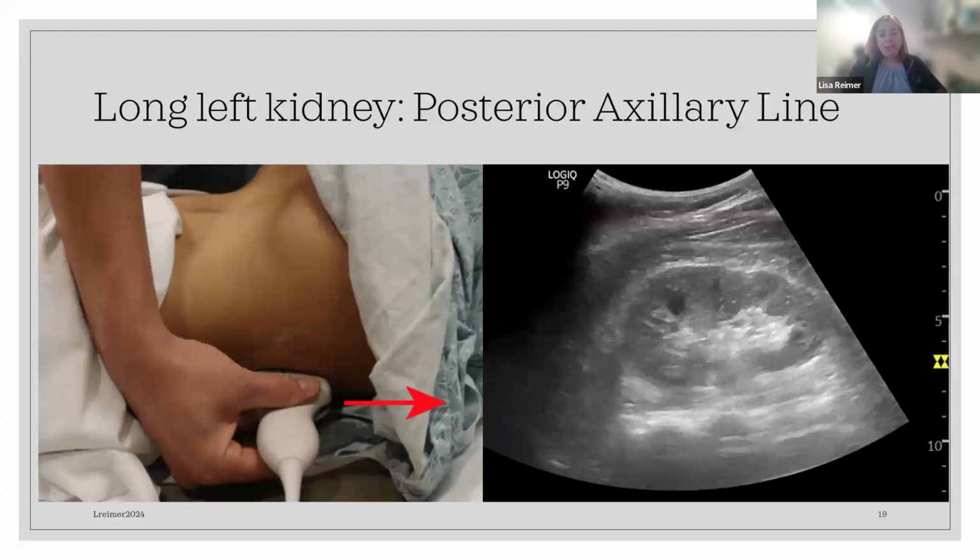Left kidney. So again, we cannot do an anterior approach. We have to come from the side. The kidney on the left side is going to be slightly higher in the body. So we're going to be around the 8th to 9th rib intercostal space. And that's because the spleen is smaller in size than the liver. So that left kidney sits up higher. The notch will still go up, and we're still along that axillary line.